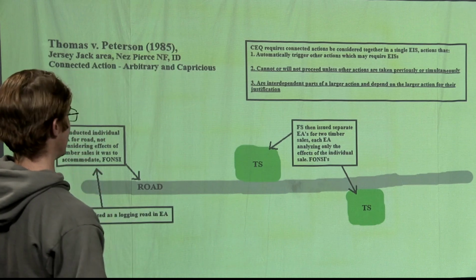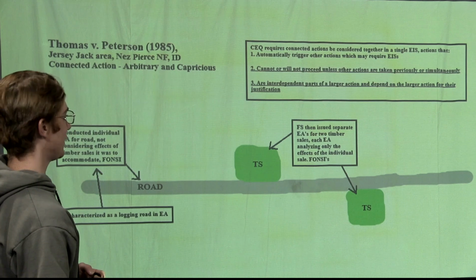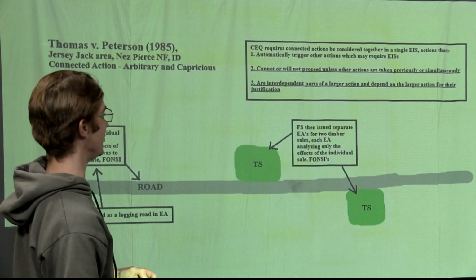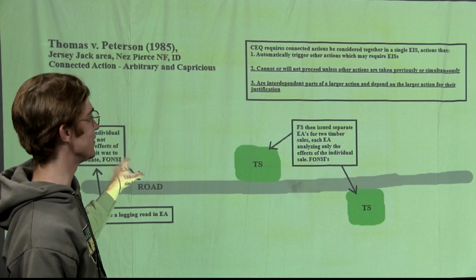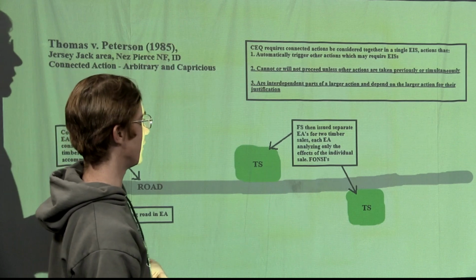I mean, like I said, this is a textbook case of a connected action, and the Forest Service, in this case, tried to skirt having to do that EIS by segmenting it into three smaller actions that they found didn't have significant environmental effects.